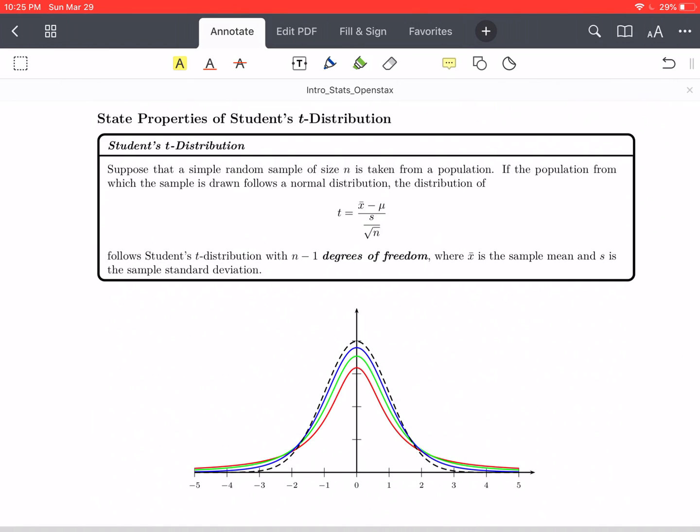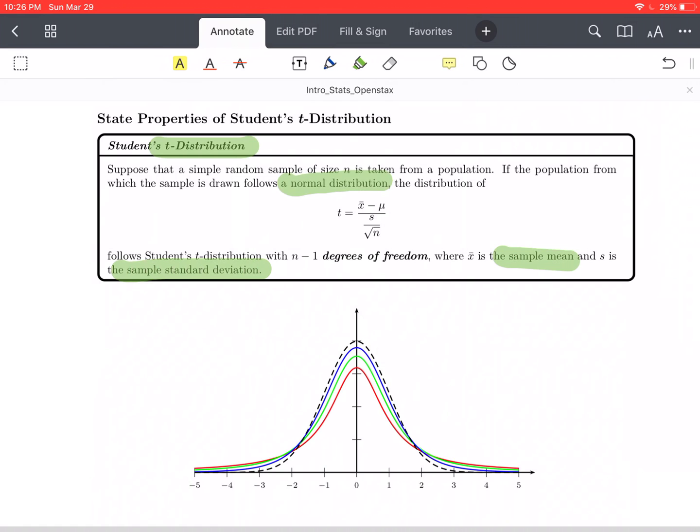So basically, the t distribution allows us to work with a normal distribution that primarily deals with samples. So sample mean and sample standard deviation.